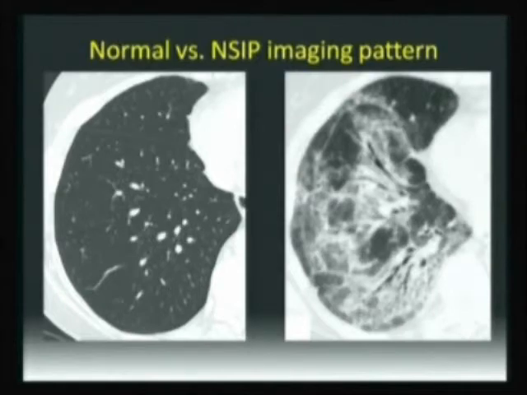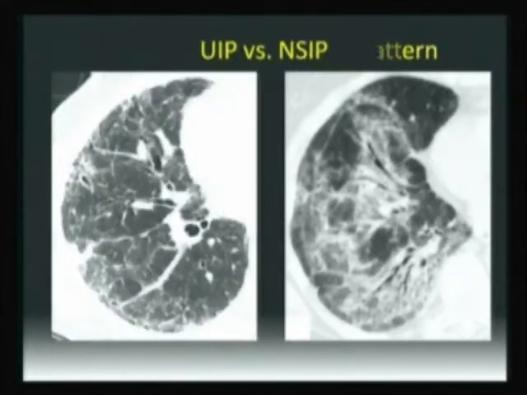You see, the imaging of NSIP is very typical, in particular when you compare that to UIP. So there is definitely more ground glass, more consolidation, more traction bronchiectasis, and no honeycombing for NSIP, and that's a suggestion for an underlying connective tissue disease.